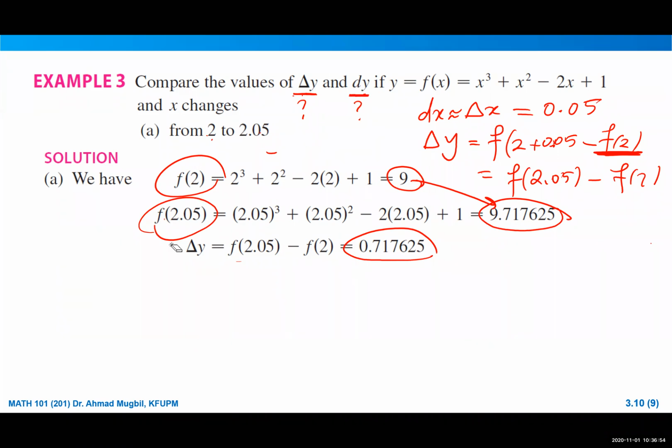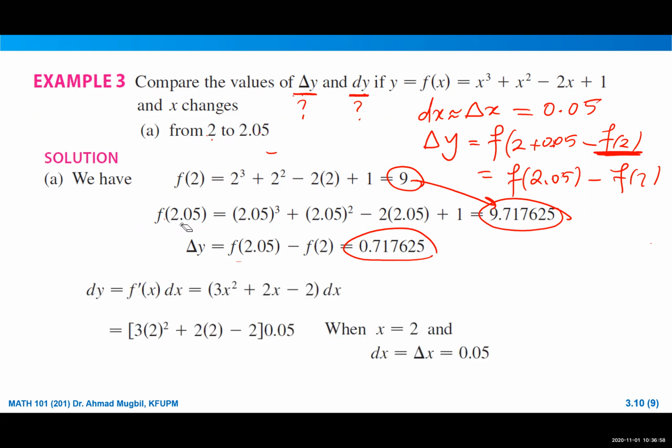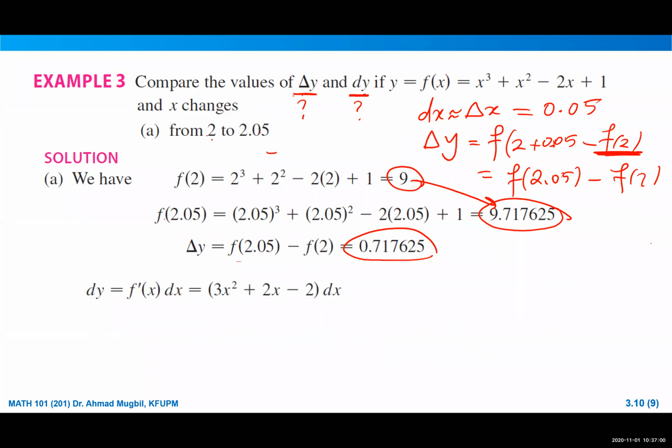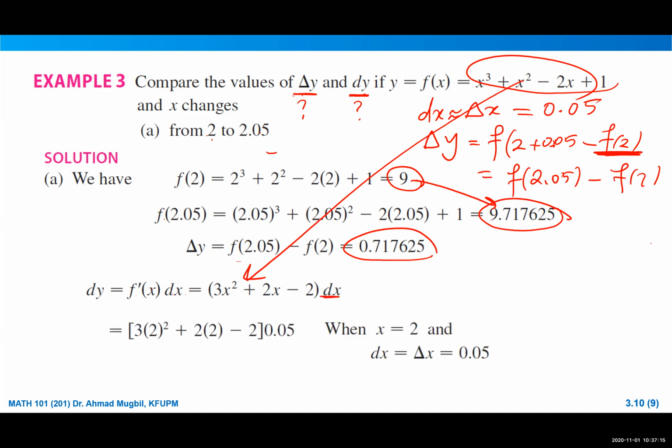Now look, it takes time to calculate delta y, but if you approximate it by using dy, it will be f prime of x dx. So just differentiate this function. This is the derivative. Now evaluate it at x equals 2 and dx equals delta x equals 0.05, and substitute.